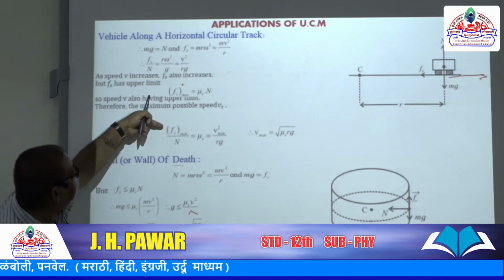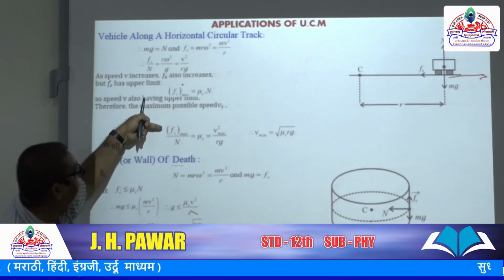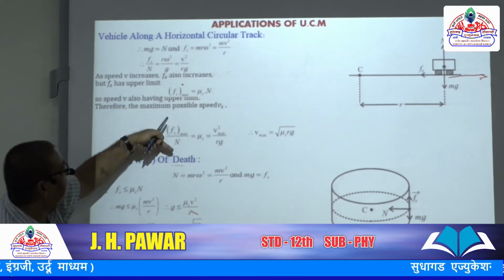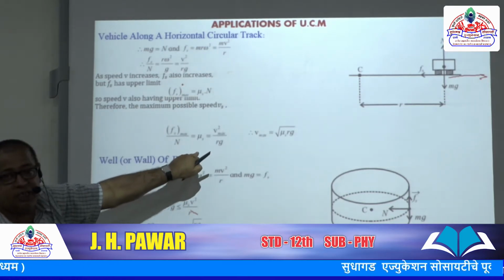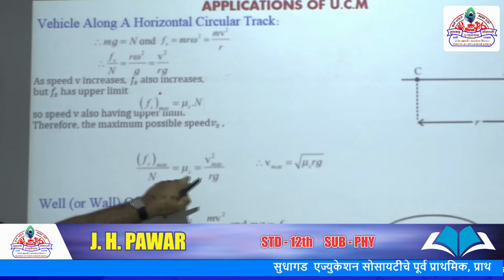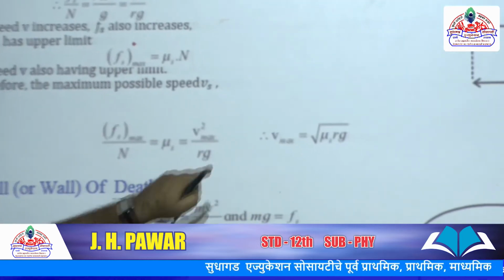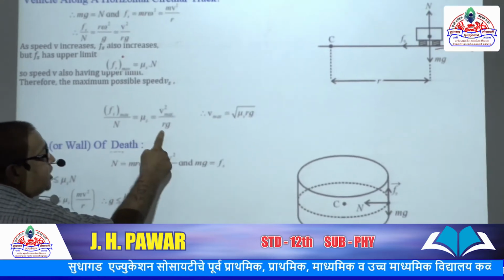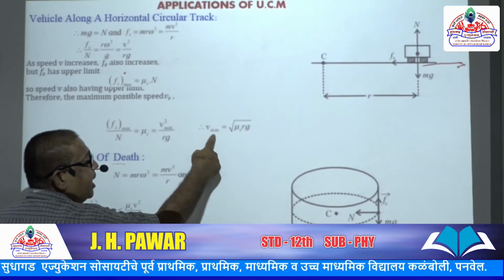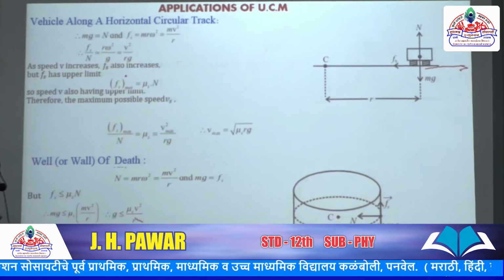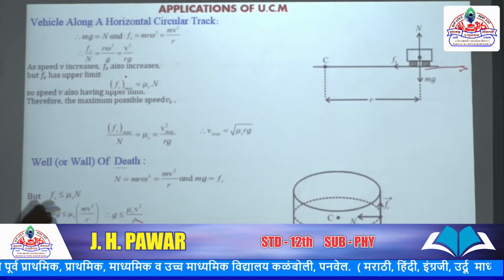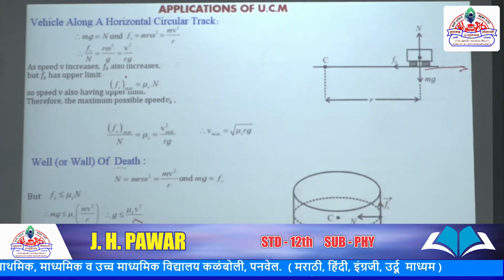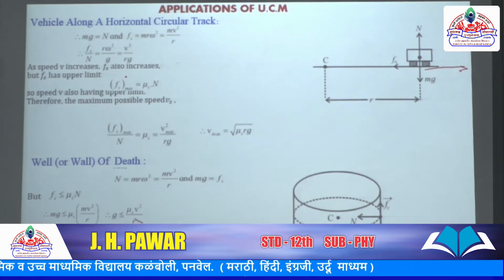You put Fs max as μs into N. Here N gets cancelled, then you get μs, the coefficient of static friction, which is equal to Vmax square upon Rg. Or you can take V square equal to μs Rg, or Vmax equal to root of μs Rg. Notable thing is that it is the maximum safety speed of the vehicle along the horizontal circular track.